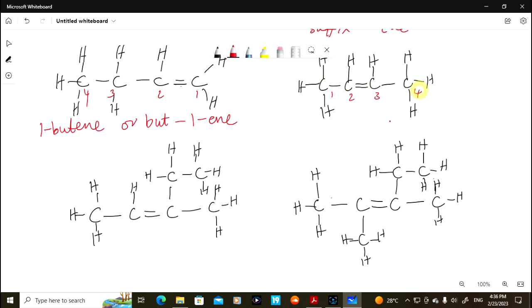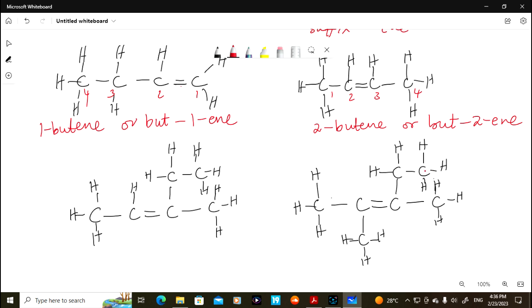If I count from this side, I'll have 1, 2. It's on number 2, and even from this side, 1, 2. So now I have 2-butene, or but-2-ene. Okay.